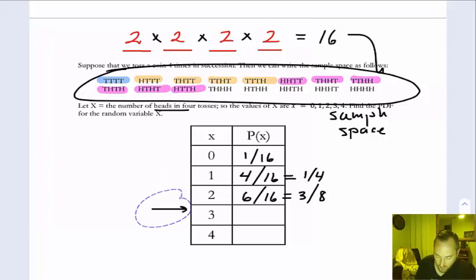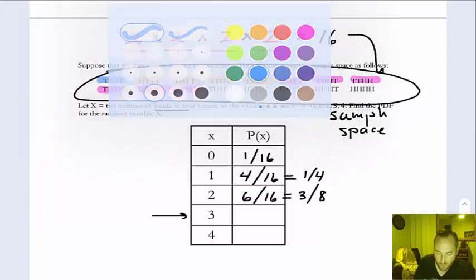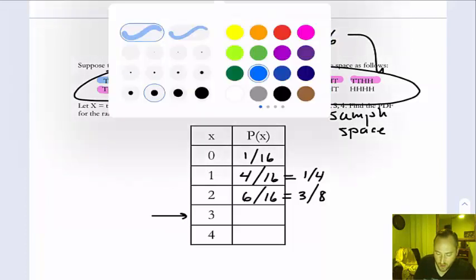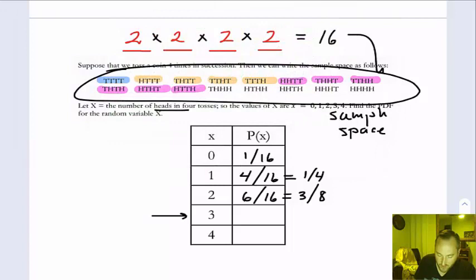Almost done with this example. Next one for 3: what's the probability that you get 3 heads and 1 tail? It just says 3, but implies 3 heads and therefore 1 tail. So that would be here, 1, 2, 3, and 4. So we have 4/16, and again that goes back to 1/4 as above.